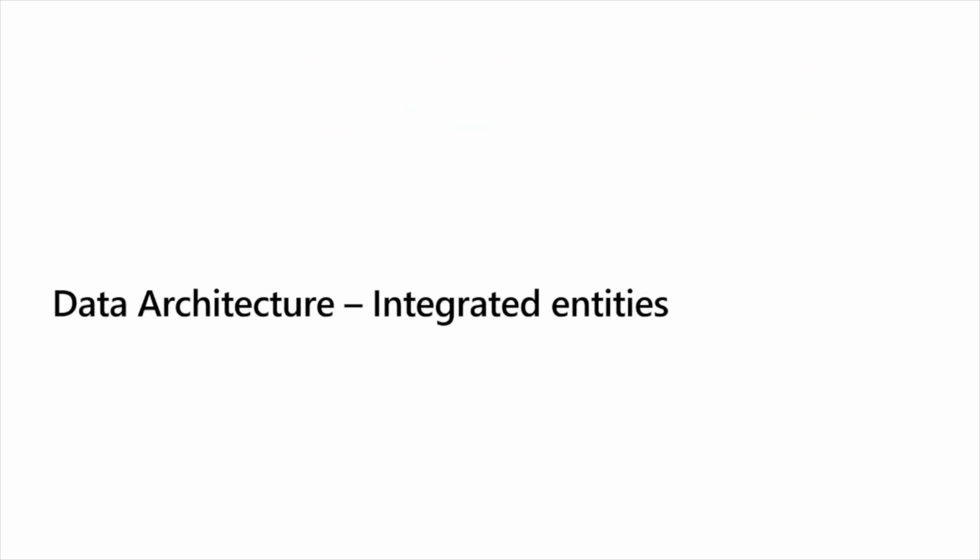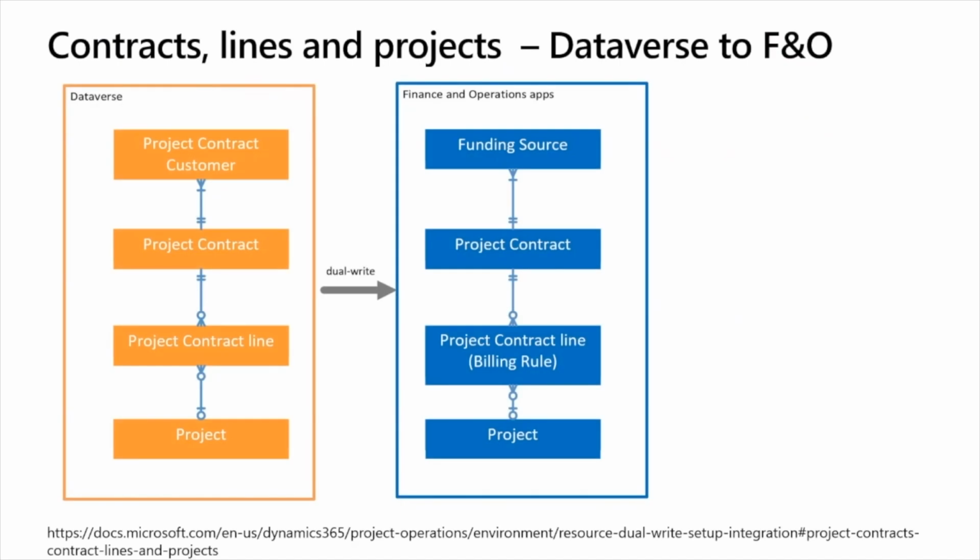Considering we have Dataverse and we have D365 Finance, these transactions flow from one to another with the help of dual-write, right? From a reference perspective, we have provided how these entities flow from Dataverse to the finance and operations apps.